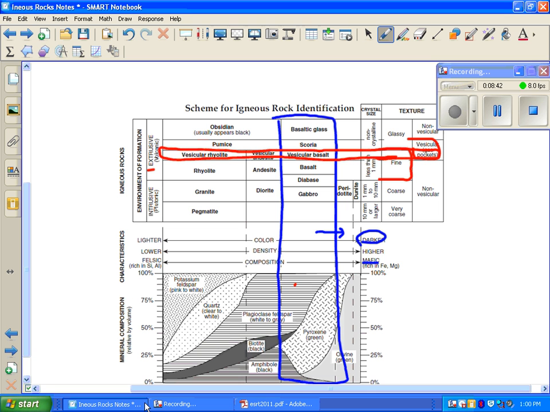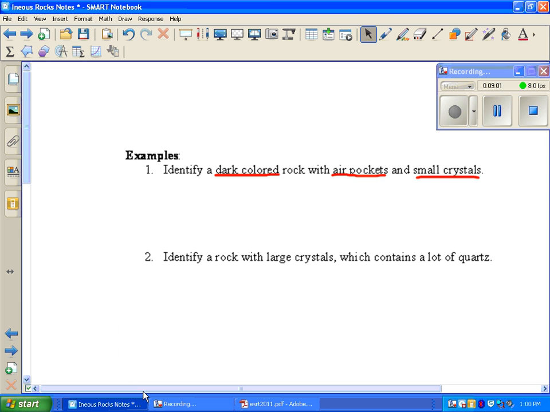Now the only one that fits both categories, mafic, with fine texture and air pockets, is going to be this vesicular basalt right here. So we're going to say that that one is vesicular basalt.